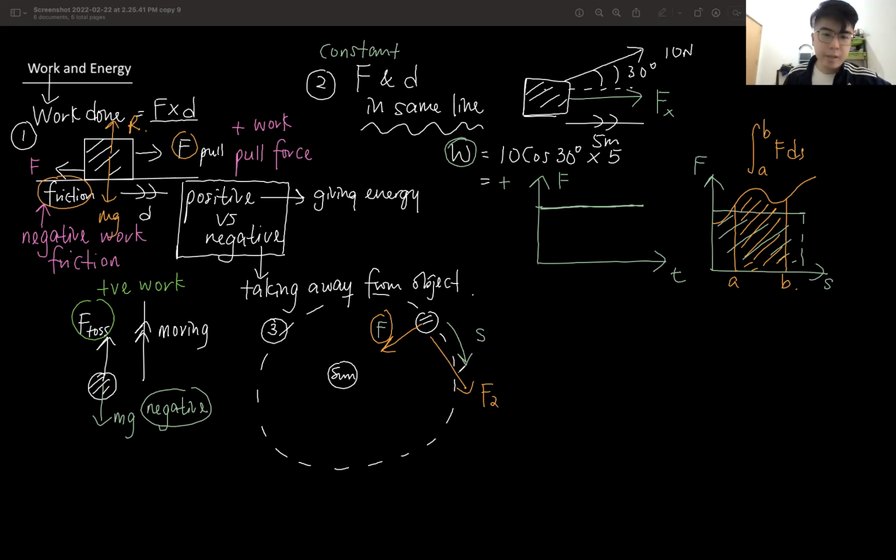Yes, F2 is doing work because F2 asks the Earth to come here, and then the Earth comes here. So you have distance, you have force. So this is doing work. But F1 asks the Earth to come here, but the Earth is not coming here, so it's not doing work. Okay, so in this case of the orbit, there is no work done.